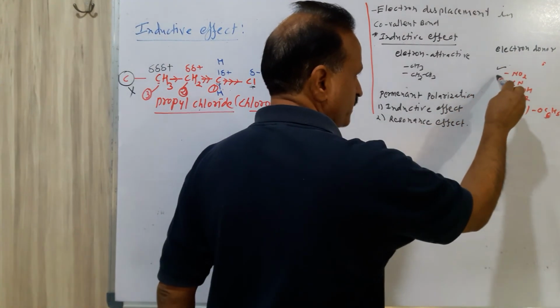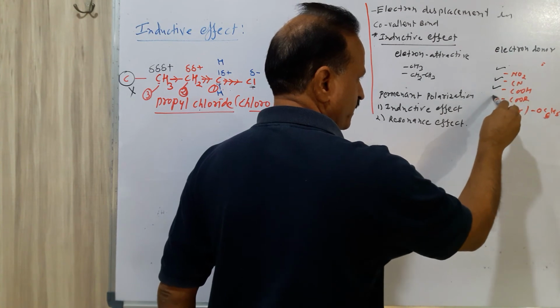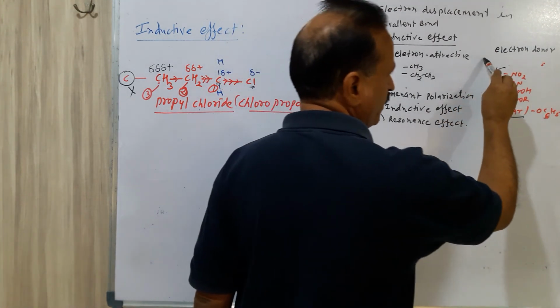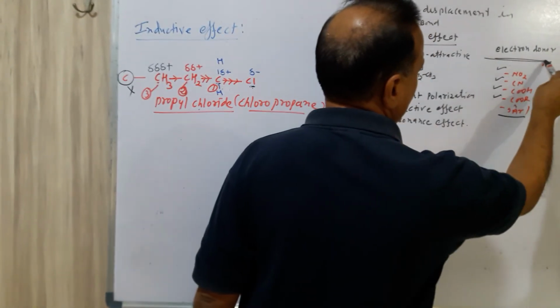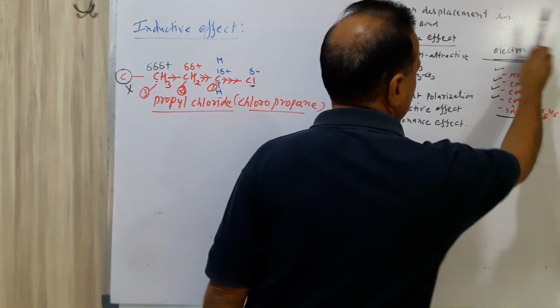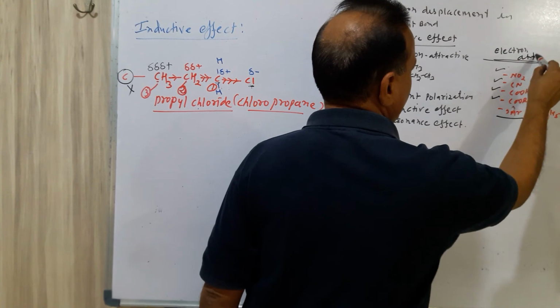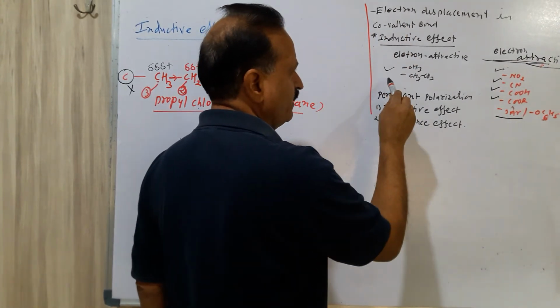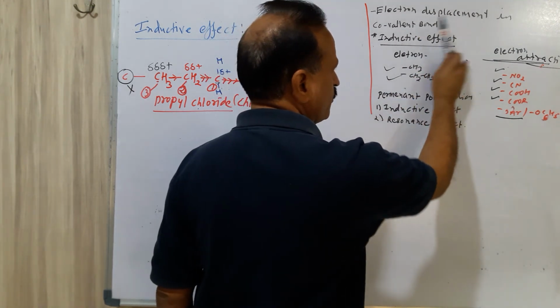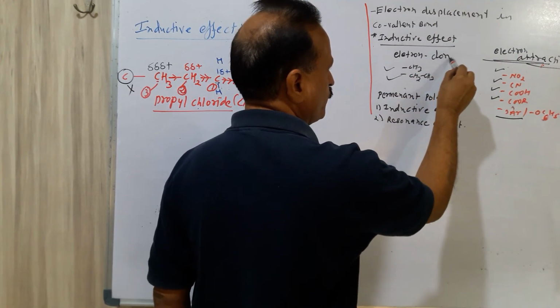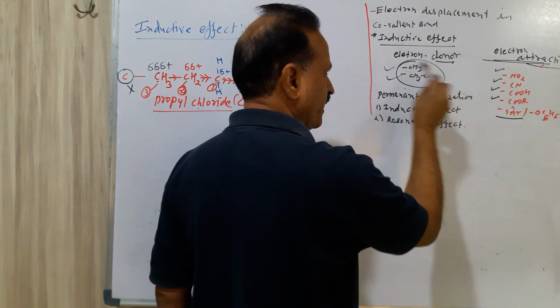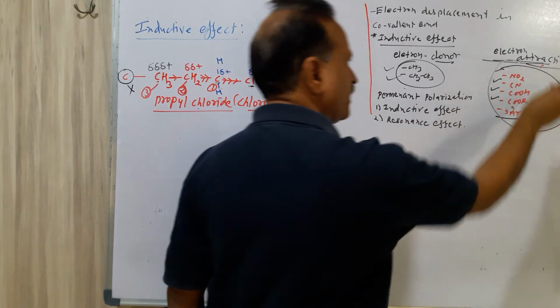Nitro, cyanide, carboxylic acid, ester and aryl ether are electron attractive groups. And methyl and ethyl are known as electron donor groups. They always donate the electron, and the others always attract the electron.